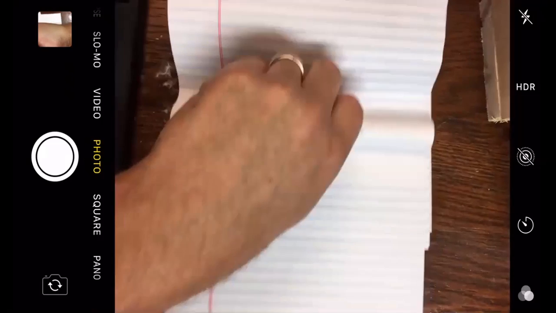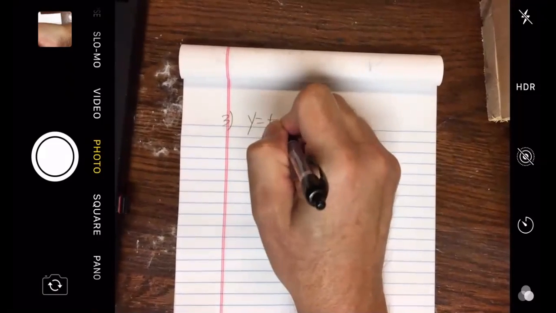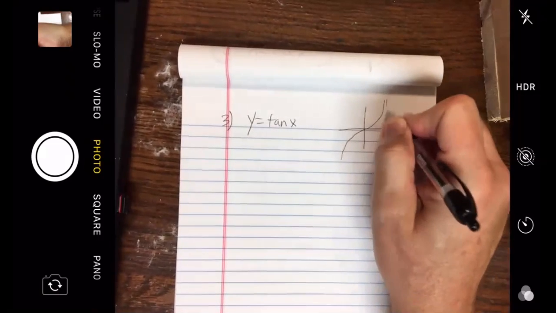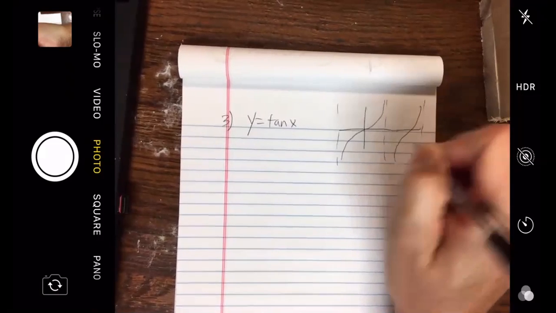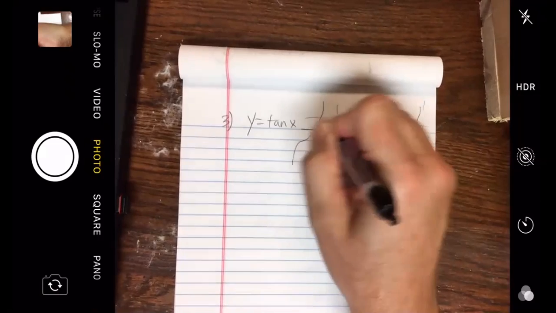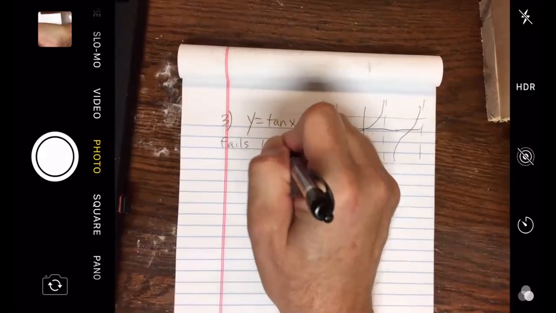Third one, really quick, write down. We'll try to get to some homework. Tangent. Turns out tangent graphs look like S curves. Series of S curves. Why they have you do this without showing you the graphs, I don't know. Again, it fails the horizontal line test.